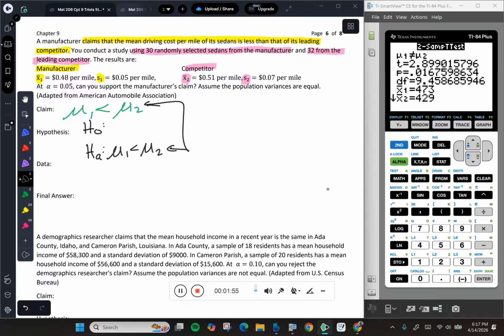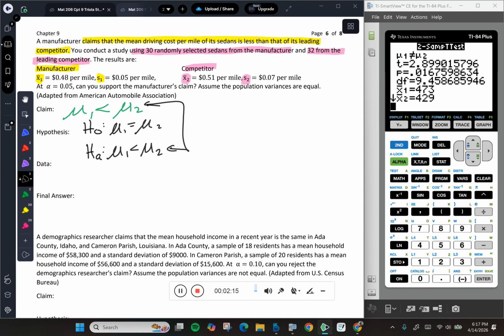Remember, I always denote which one's the claim so that when I get to the end, it's easier to do. The null will then be that they're technically greater than or equal to, but we write it as equal to because reasons.